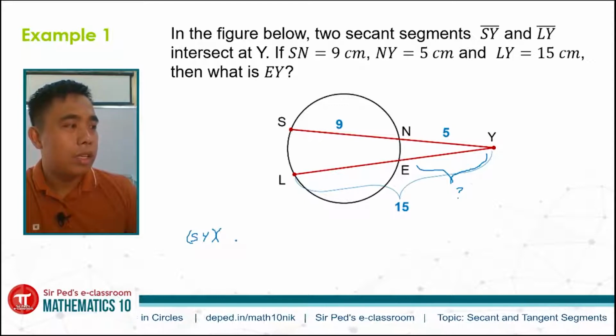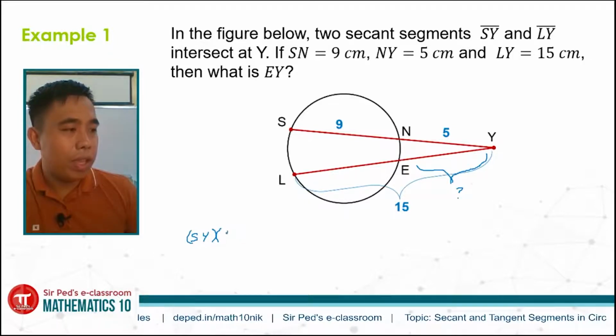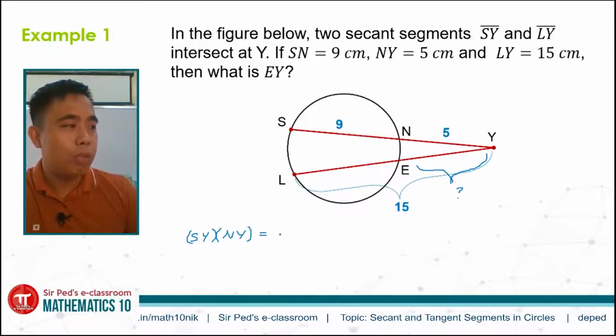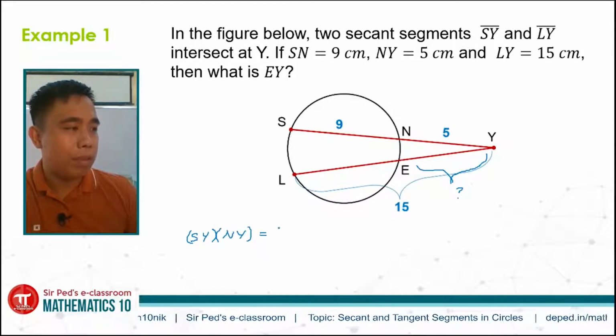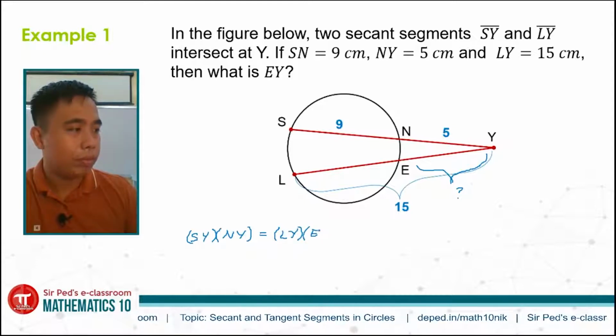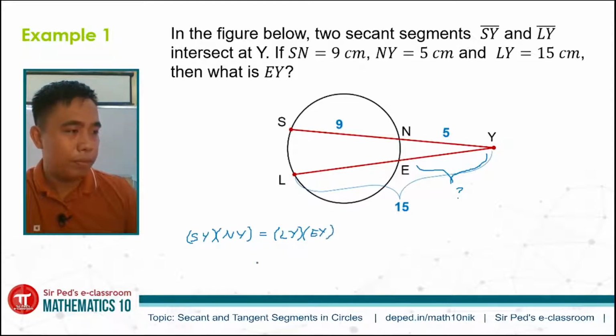Based on our previous discussion, the product of the secant segment SY times its external secant segment NY is equal to the product of the secant segment LY times the external secant segment EY.